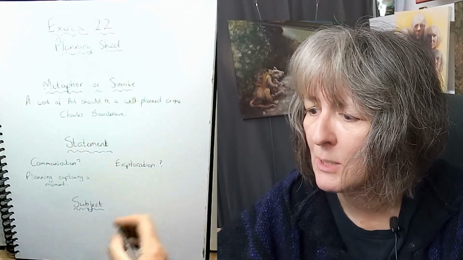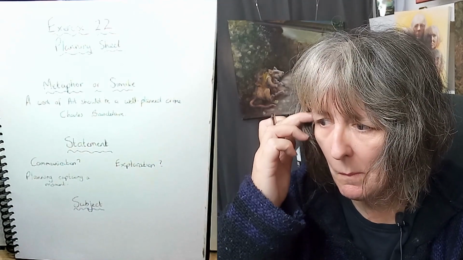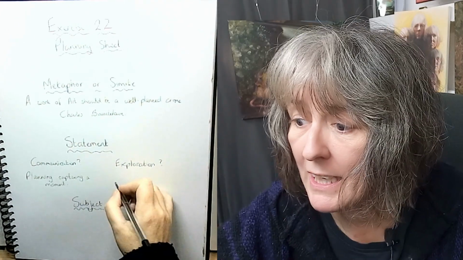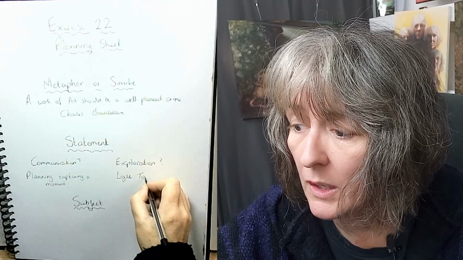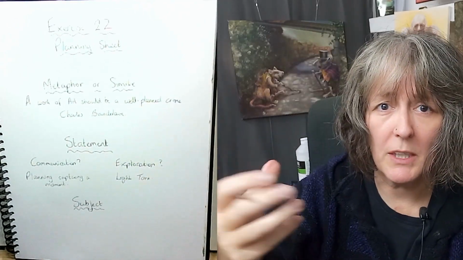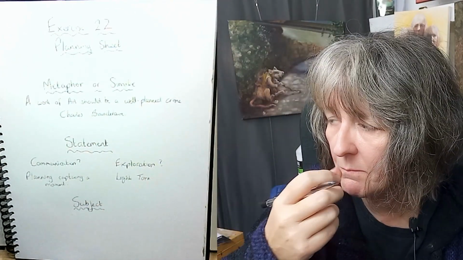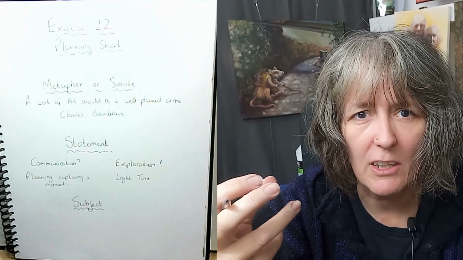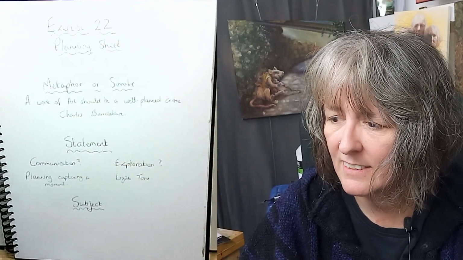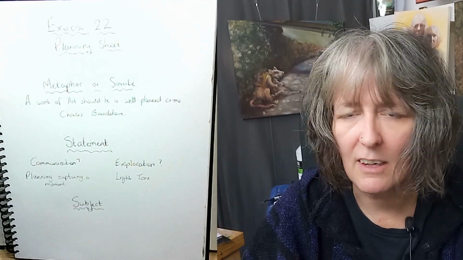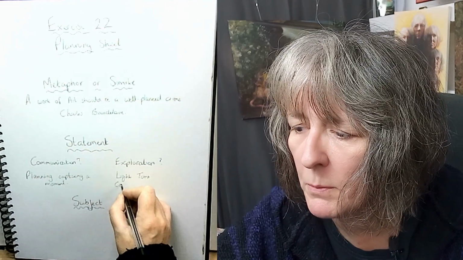So in exploration with this, there's going to be light and tone. It's going to be quite narrow in colour, very much darks and lights. So it's all about the light and the tone, and maybe a little bit of composition.